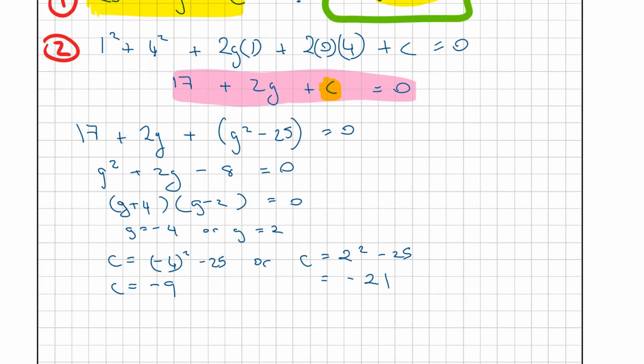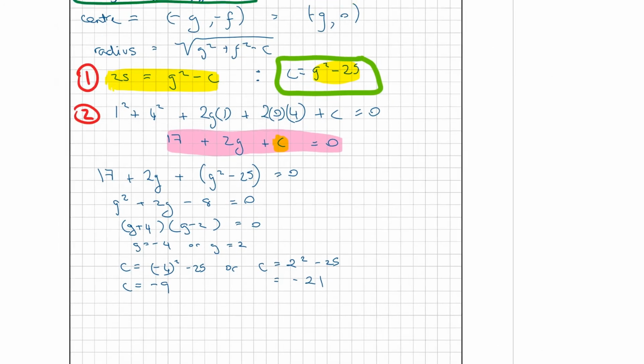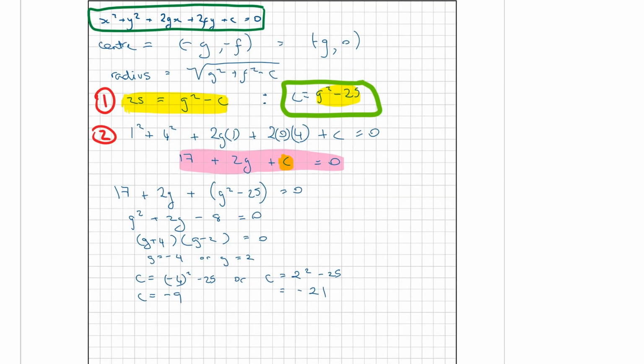So the equations of both circles will be, circle 1: x squared plus y squared plus 2g times x. Well, g is minus 4, so that's going to be minus 8x. We know that the f value is 0 because they're on the x-axis. Plus c, so that's minus 9 equals 0.